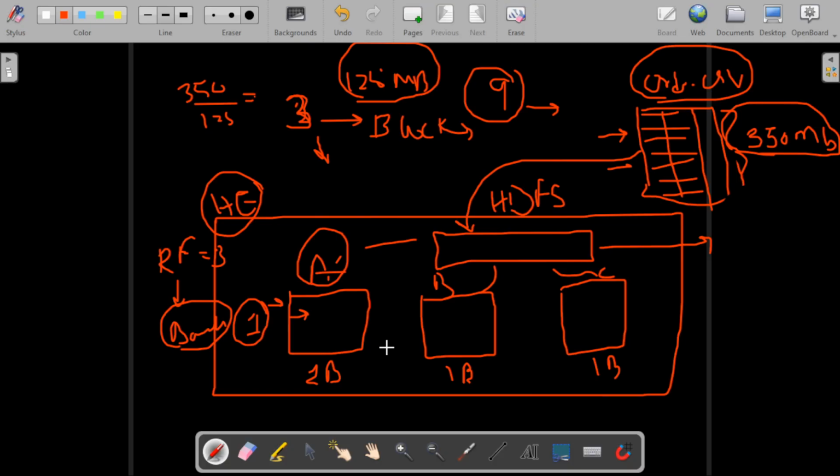So the final and key takeaway here is that HDFS is for storage. Data is stored in blocks. Blocks are distributed and replicated across the workers, and then processing is done later using MapReduce. If you refer to my previous video, I have explained how MapReduce works, but this step happens before MapReduce.